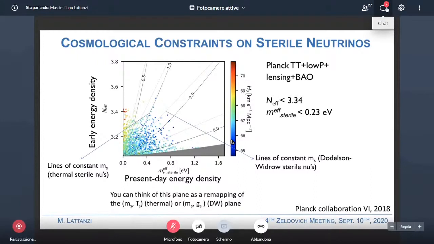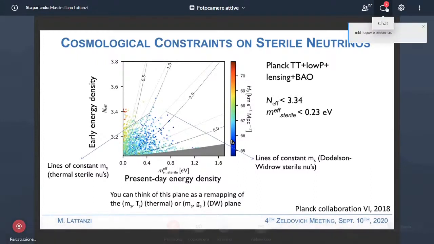You can make these limits even tighter, and the reason is exactly that the precision of present observations is already enough to constrain the suppression. So some of these limits also go below the 0.10 eV limit.